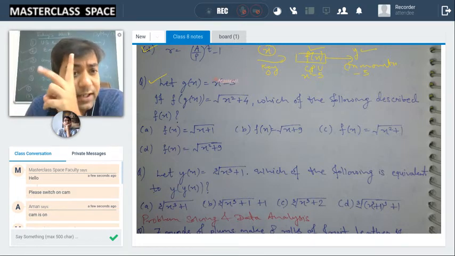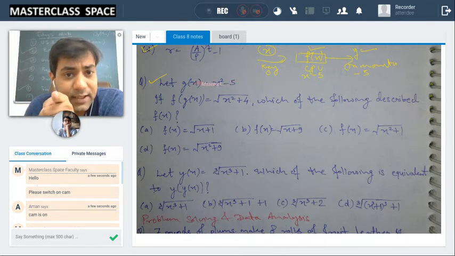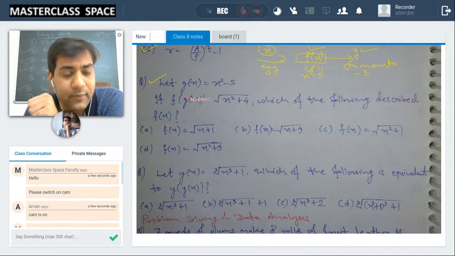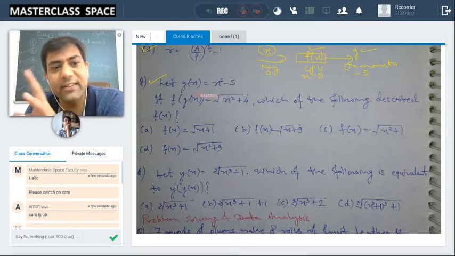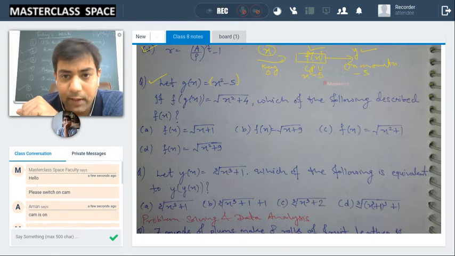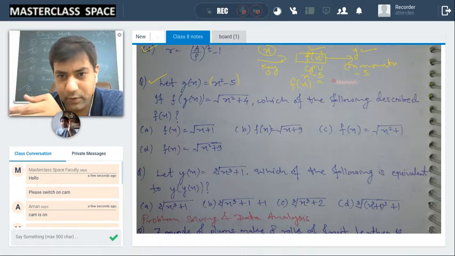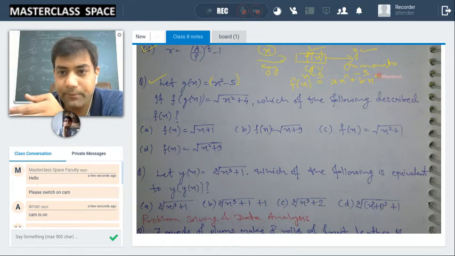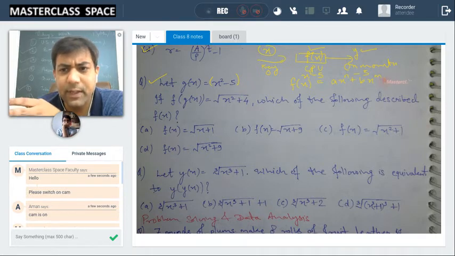So there are two ways. I tell you first way is g(x) equal to x squared minus 5. f of g(x). f is some function in which, for example, f(x) is some function like this: a x to the power n plus b x to the power m, something like this, plus c.